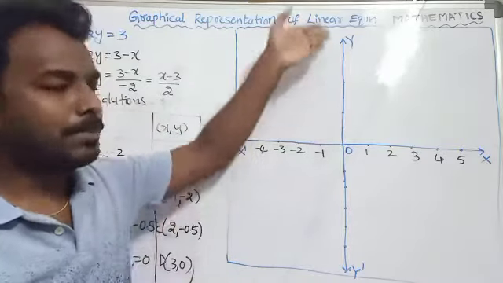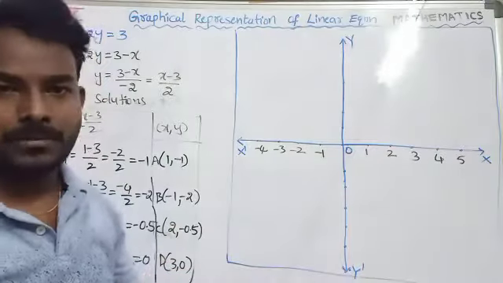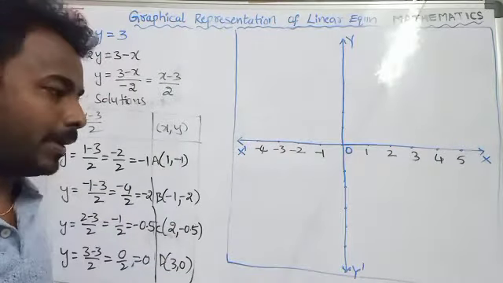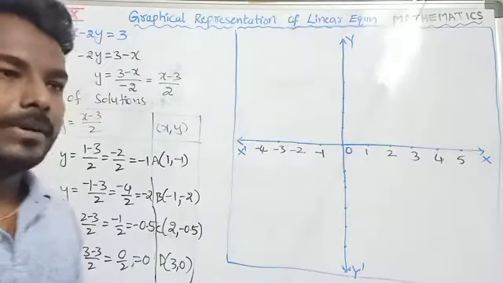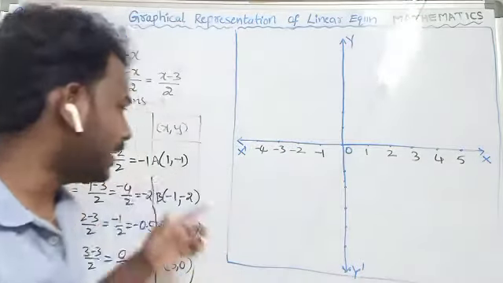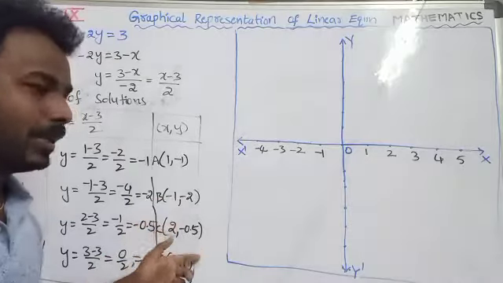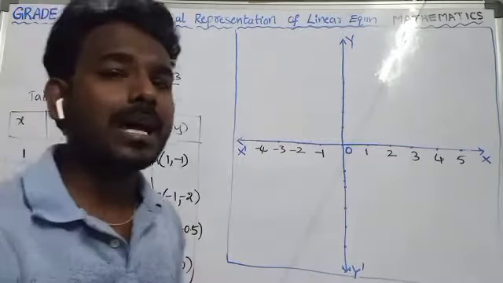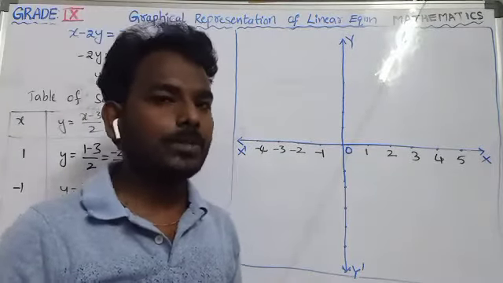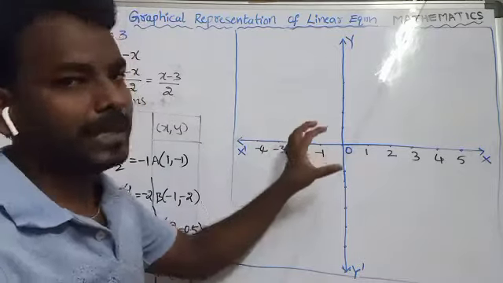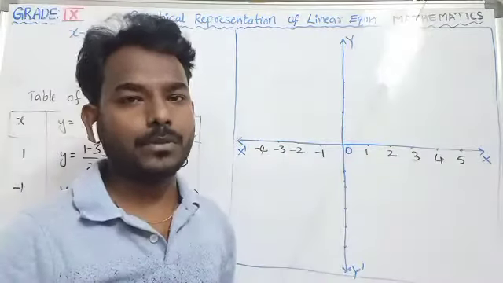Whenever the solutions are, for example, 10, 20, 10, 15, 5, 20, all multiples of 5, then you can take 1 centimeter equal to 5 units.